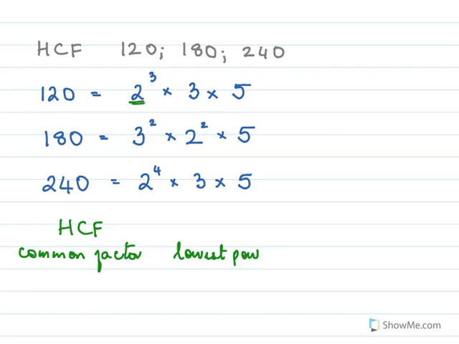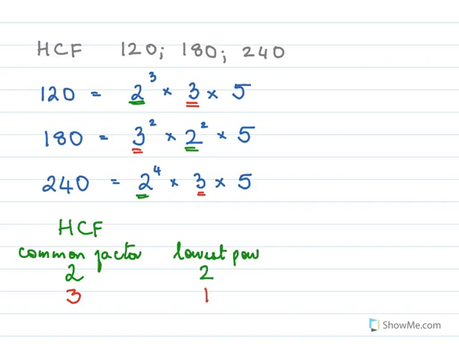If you see the common factor here, 2 is here, 2 is here, 2 is here. And the lowest power among these twos is 2 raised to 2. Then 3 is also common. We have 3 here, 3 here and 3. The lowest power of all these 3s is 1.